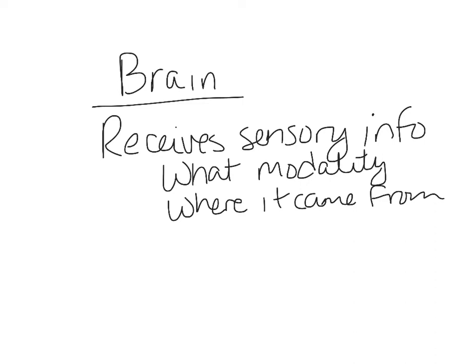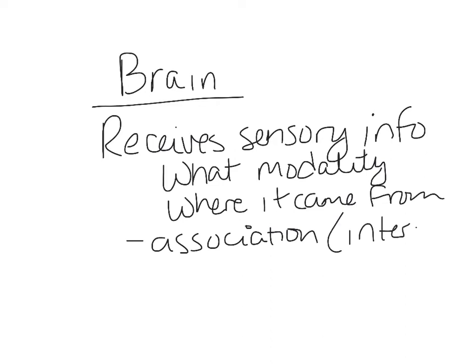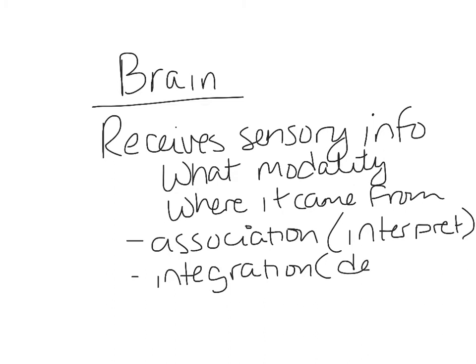So in the brain, that's what we do. You receive the information, and the association areas, if you remember those, are going to interpret. The integration areas are going to develop a plan.